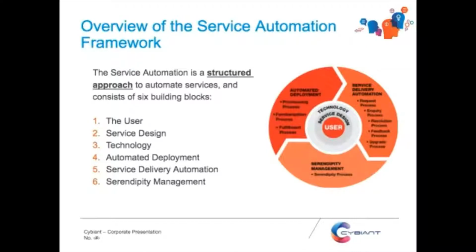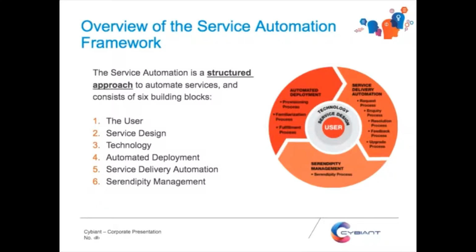Here we will envision and describe how our services need to be designed so that we can provide them in an automated delivery model. Of course, we will always also need a technology layer, and that's the third layer that you see in the center. This is the way through which the user interacts with the service provider. It always goes through a self-service portal or technology interface.